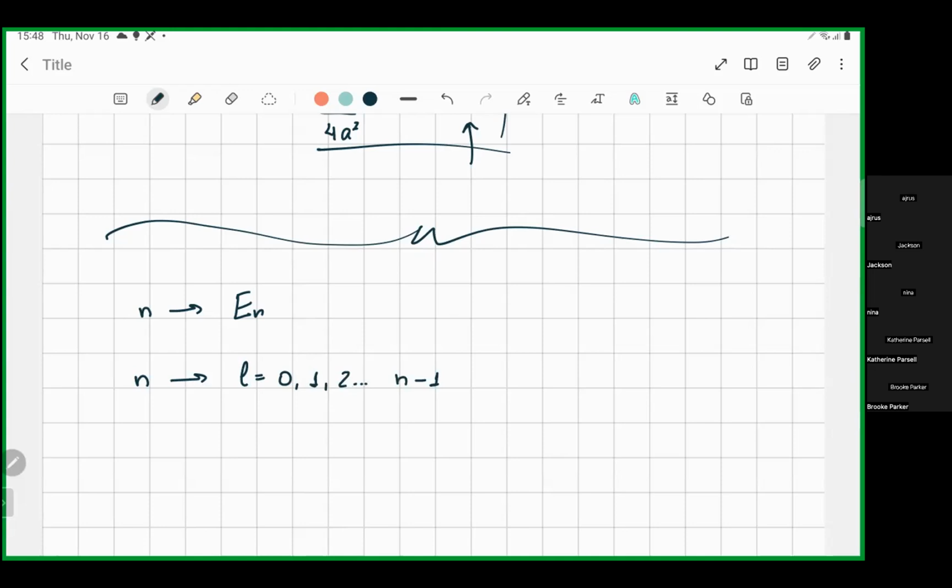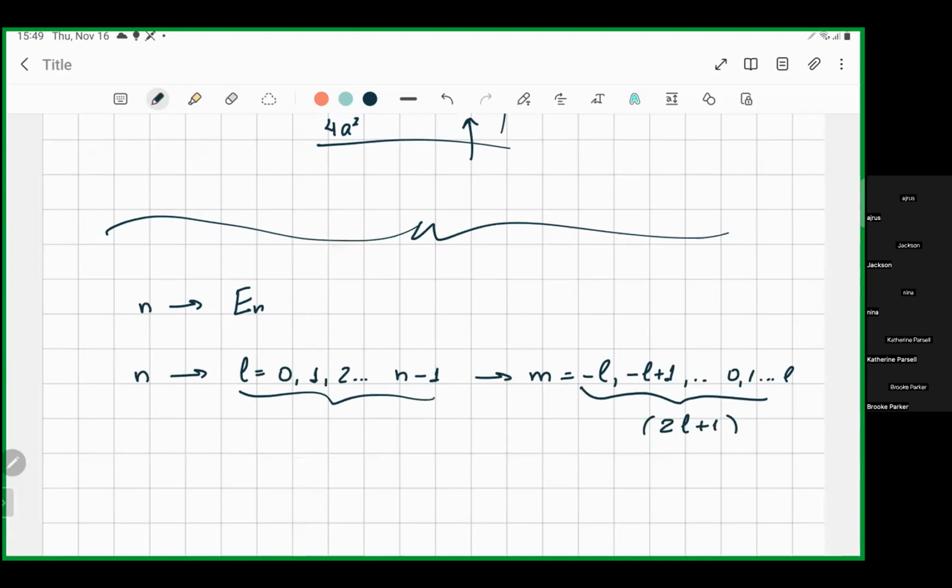Okay, so for a given n, we have these n possible values of L. And for each L, we have many possible values of M. M goes from minus L, minus L plus 1, all the way to minus 1, 0, 1, all the way to L. So we have 2L plus 1 values.